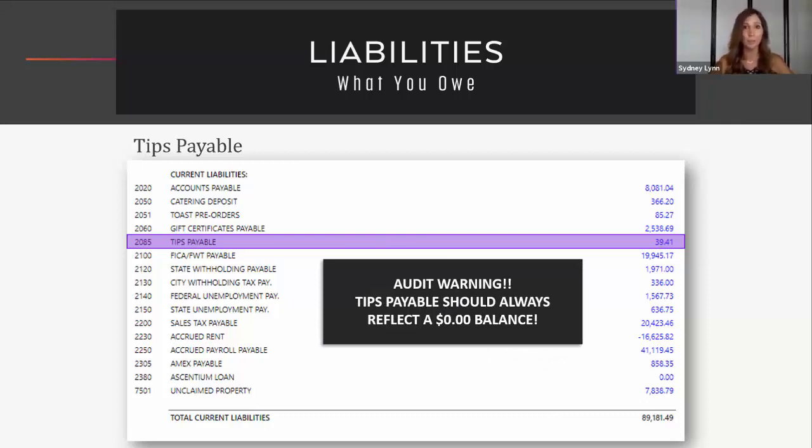So there should never really be a balance left on your balance sheet when it comes to credit card tips payable. If you do see a balance reflected, if it's a credit balance, then you actually are holding on to their tips that need to be paid out to the employees. If it's a negative balance, then that means that you've actually paid out more in tips than what was ever collected, and this is just cash leaving your bank account then. So always a good practice to make sure that you're staying on top of that every payroll period.